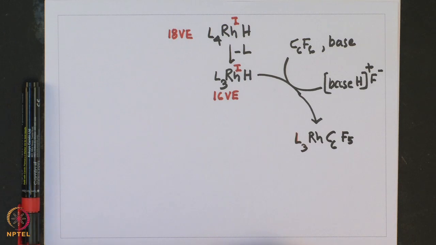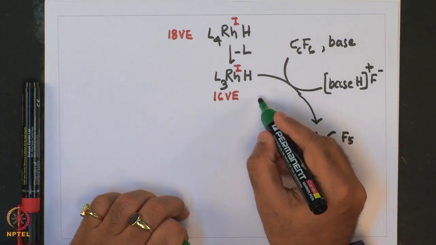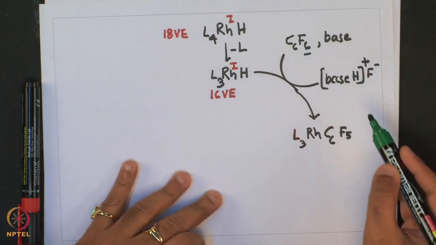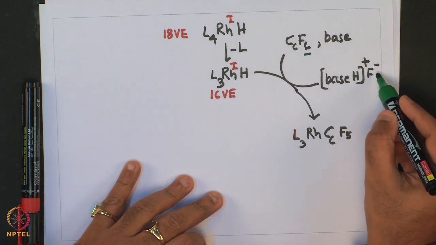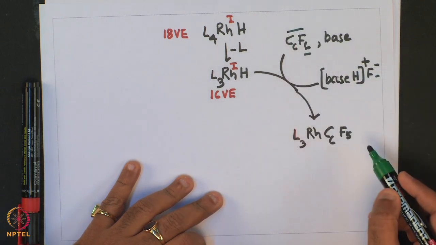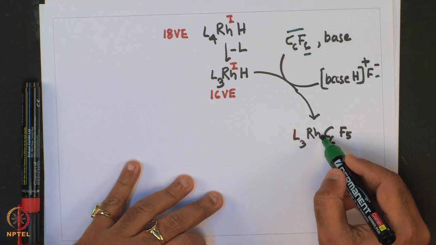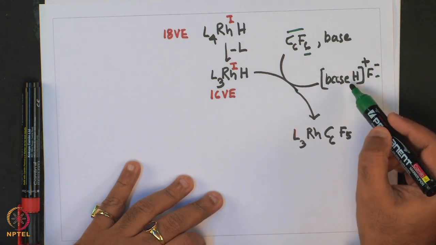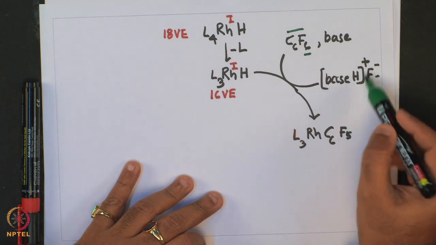So, this is a CF activation step where the fluorine gets cleaved and ends up in the anion, and the remaining C6F5 binds to rhodium, and this proton gets protonated on the base.